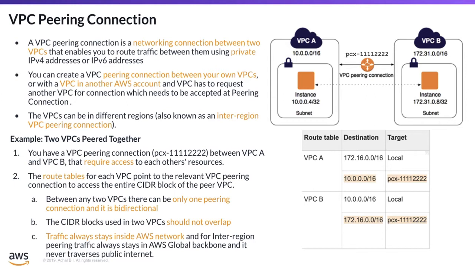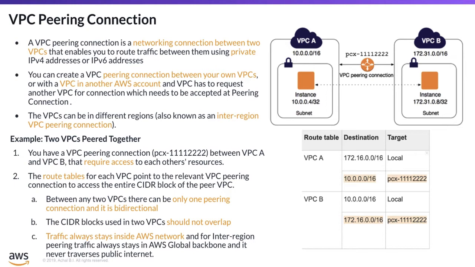Okay. So we were talking about peer connection and how route tables are configured for this peering connection. The one thing is that a CIDR block cannot overlap, which means the IP range that we have mentioned here cannot be the same.